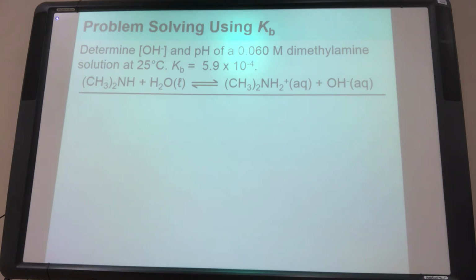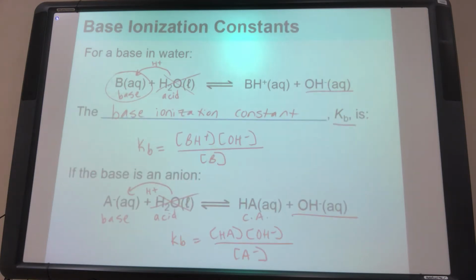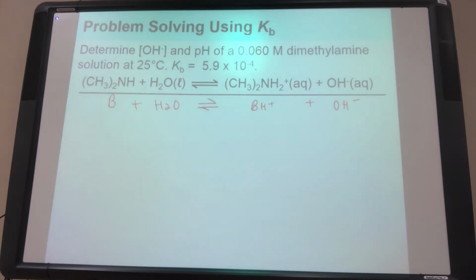The Kb is 5.9 times 10 to the negative 4. I went ahead and gave you the reaction, but if you notice, this is just my B plus my water going to my BH plus my OH-. So this is the exact same thing as our first one right here. But I was nice and I gave it to you.